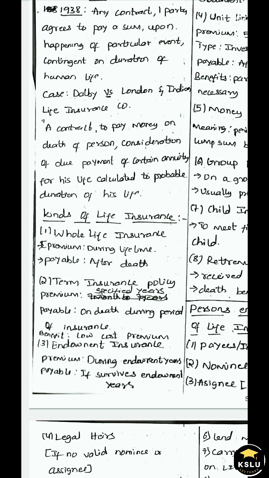Say for example, if an insured takes insurance for 5 years, and if he pays premium for his entire 5 years, and if he survives these 5 years, then after 5 years, if he is alive, then the policy will mature and he will get the claim. But if he dies within endowment period, then he will not get any claim from insurance.